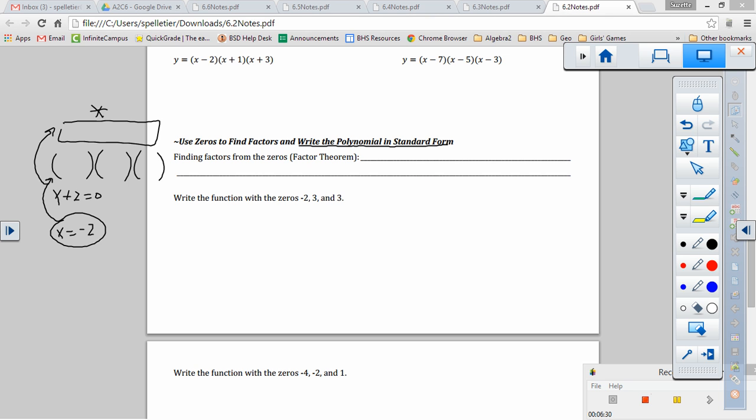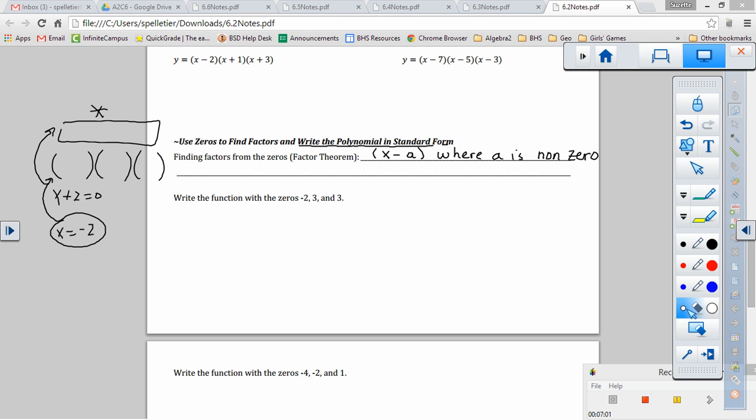Here are some things you need to remember about your factors. When you're finding the factors from the zeros, you're using the factor theorem, which says that your factor x minus a, where a is a zero.